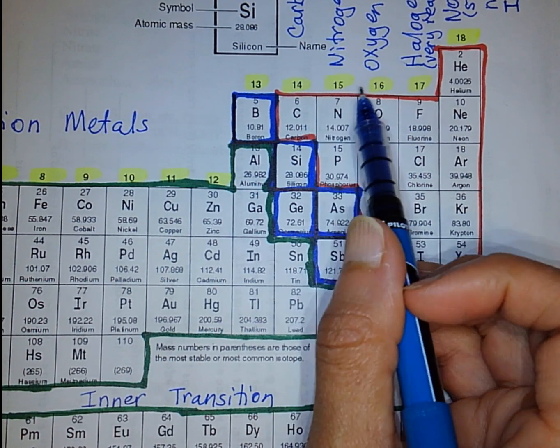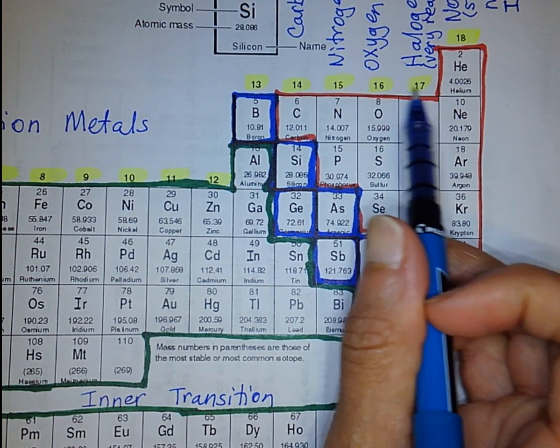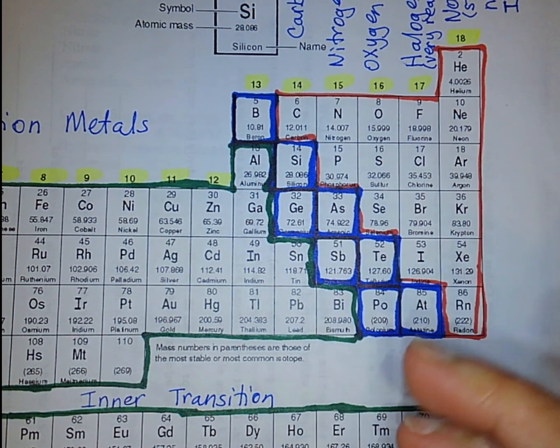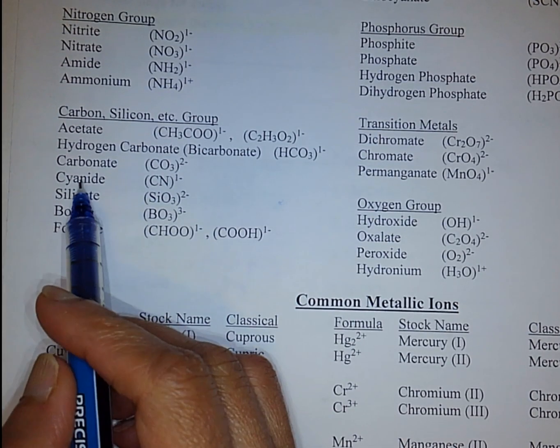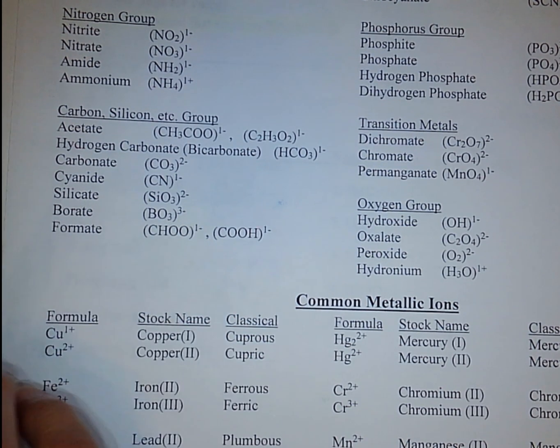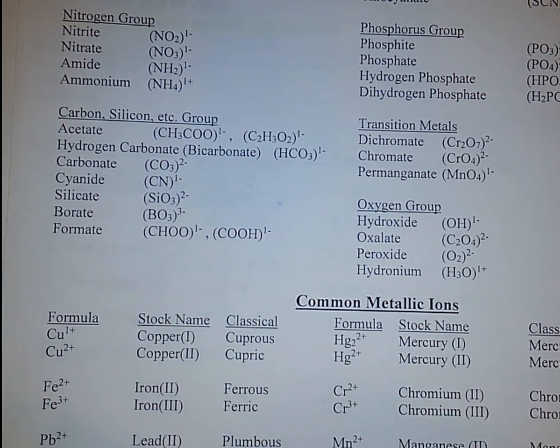So when these nonmetals or these anions, when these nonmetals become anions, they take the IDE ending. So cyanide is just the exception to the rule. Even though it is a polyatomic ion, it still behaves as a binary acid.